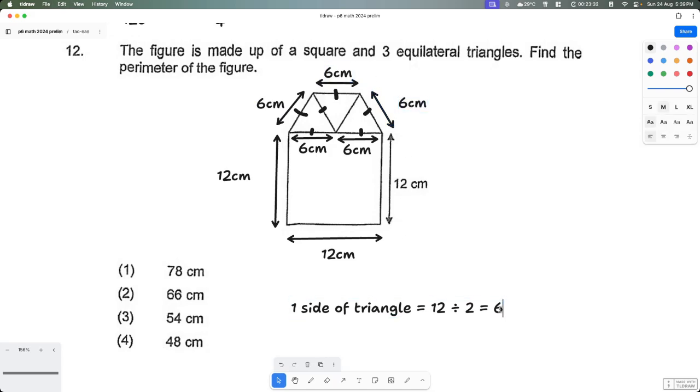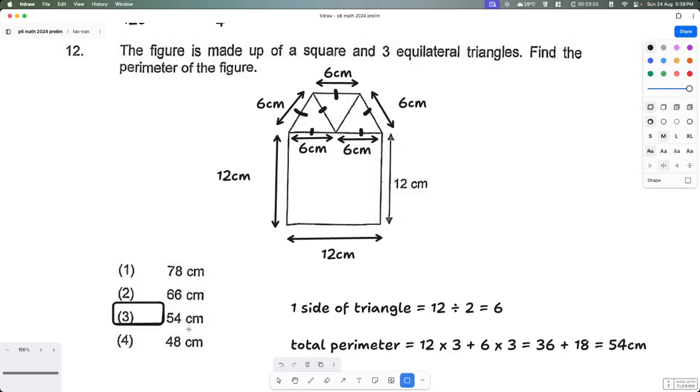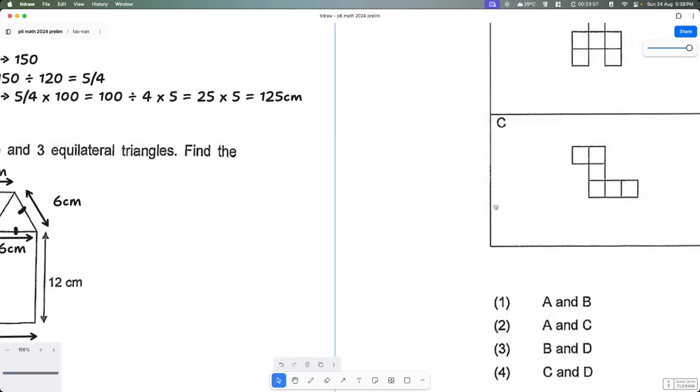So total perimeter is equal to 12 times 3 plus 6 times 3. Okay, so this will give us 36 plus 18, which is equal to 54 centimeters. Okay, so this is option number 3 in this case over here. All right, let's move on to the next question.